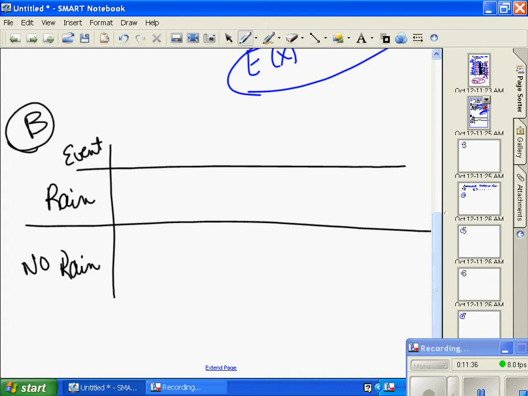Now, we have to think about our payoff. And this is where you have to think about everything coming into play. Now, if it rains, do you remember in the problem we would make 60,000? Yeah, 60,000.